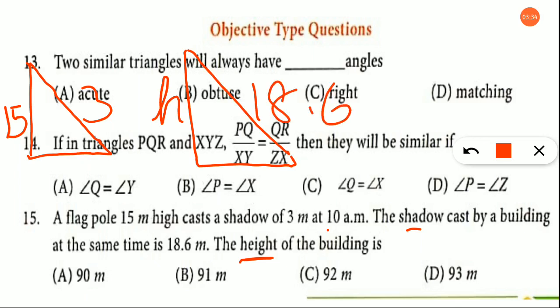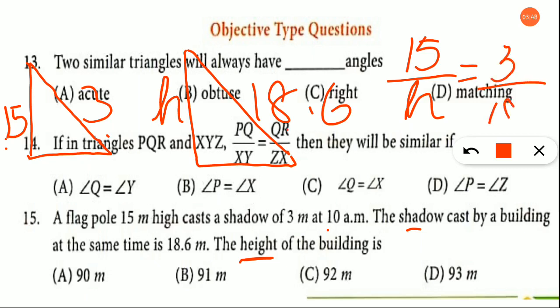How will you solve this sum? You will be using that proportion law, right? So 15 divided by H will be equal to the next corresponding side, 3 and 18.6. So 3 divided by 18.6. Now shall we cancel this 3 and 18.6? It will go 6.2 times. And then we have 15 by H is equal to 1 by 6.2.